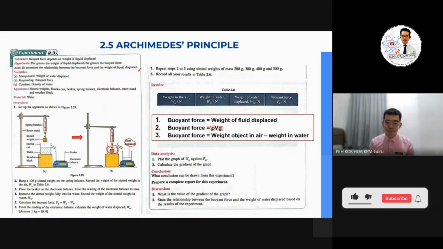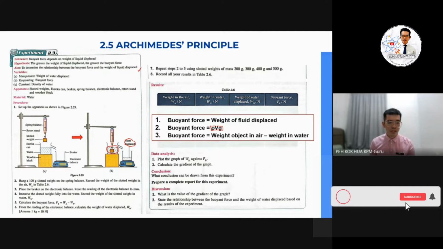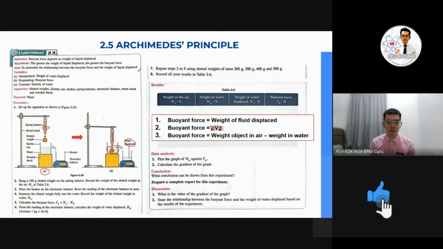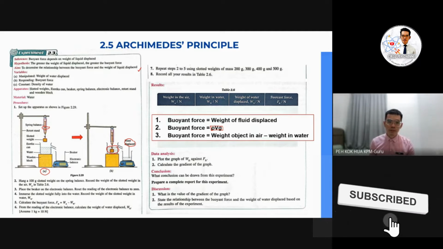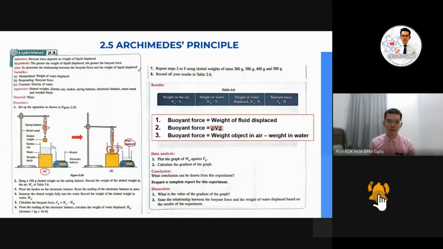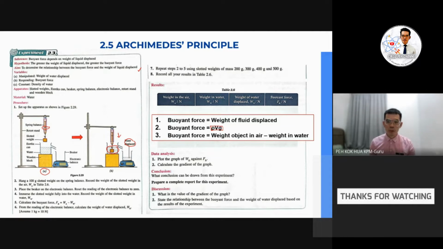And besides that, with this experiment, you also know that the buoyant force will be equal to the weight of the object in the air. So it will be at figure A. The weight you measure by using a spring balance will be the weight of the object in the air. Then when you immerse the slotted weight in the liquid, you can see that there is a decrease of the weight.